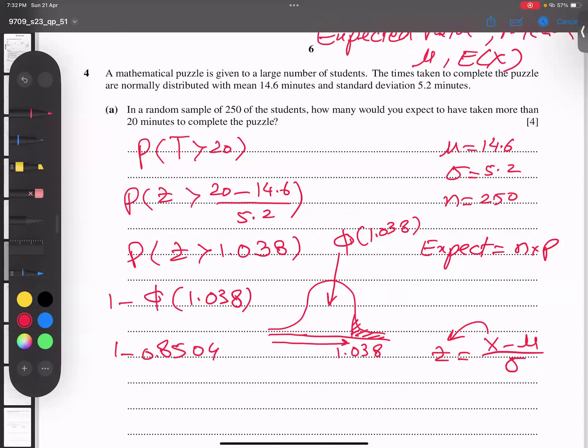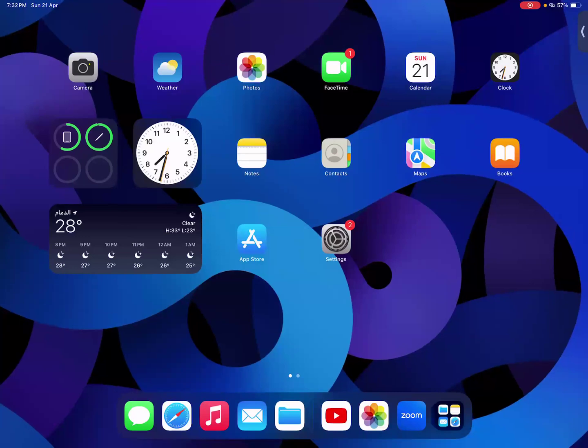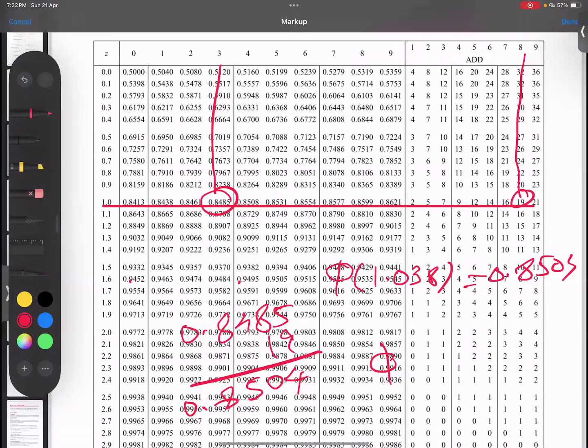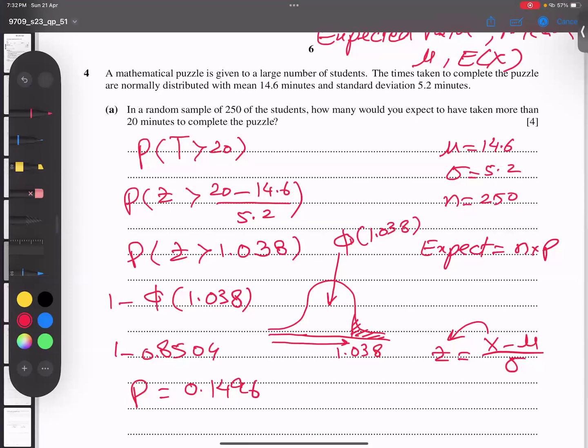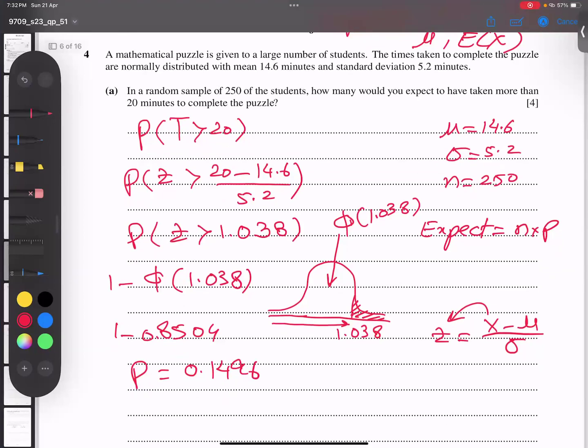The probability I'm getting is 0.1496. Let me recheck finally: 8504, correct. So this is the value.